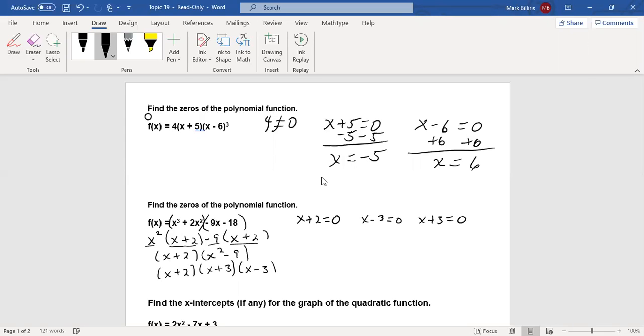We set x plus 2 equal to 0, x minus 3 equals 0, and x plus 3 equal to 0. And we solve. So our first zero would be negative 2. Our second zero would be positive 3. And our third and last zero would be a negative 3.